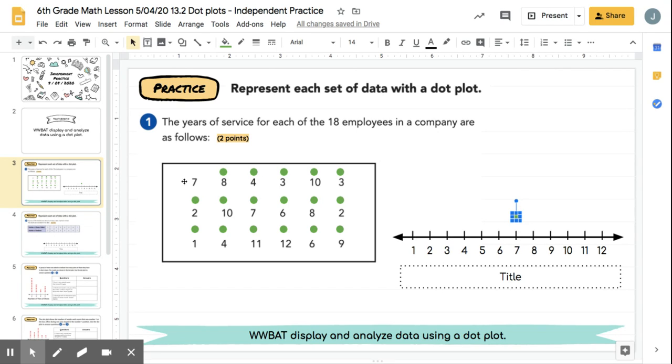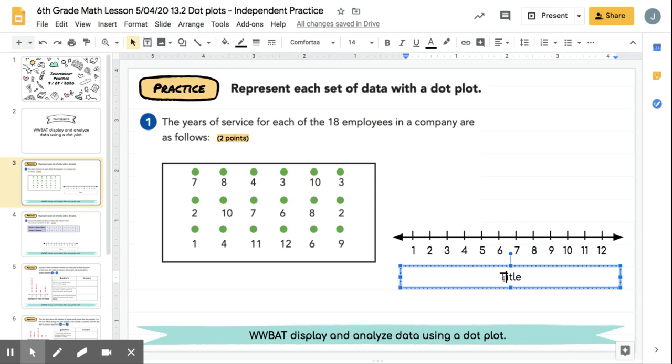So the first person has been with the company for 7 years, the second person has been with the company for 8 years, and so on and so forth. You're going to complete until there's no dot left in this data set, and then you're going to change the name of the title. So you're going to name your own dot plot. This question is 2 points.